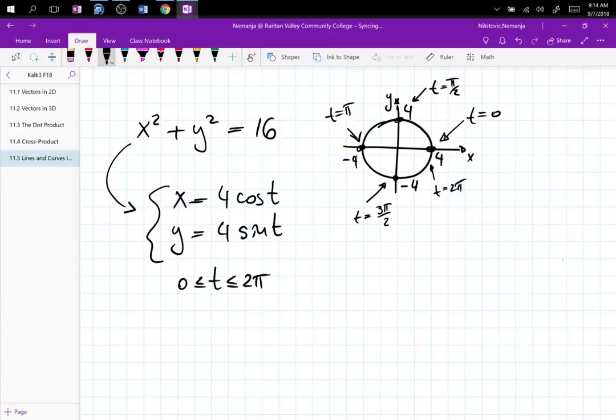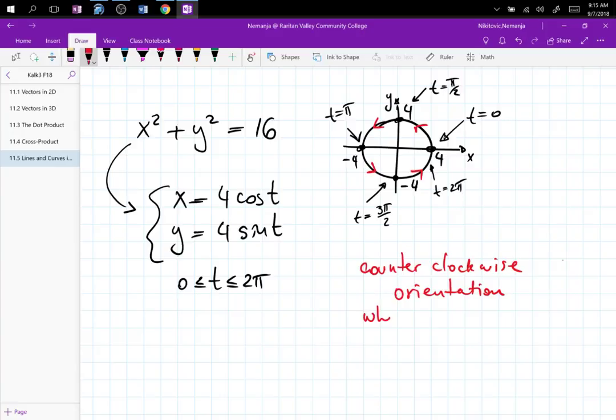This gives us the orientation: counterclockwise orientation. That is when x equals r cosine t, and y equals r sine t.